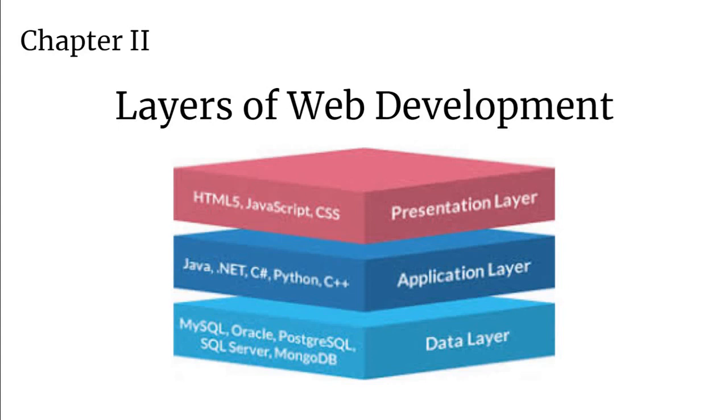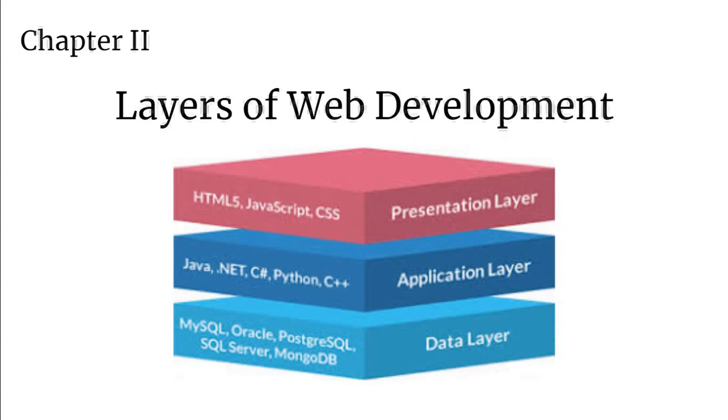A backend developer focuses on databases, scripting and architecture of the website. Examples are PHP, C++, Node.js. For example, if you want to retrieve data from a server, you cannot use client-side programming like HTML, JavaScript, CSS. You have to use programs like Java, .NET, C#, Python, C++, PHP to retrieve the data from the server. So this is why the application layer is used.